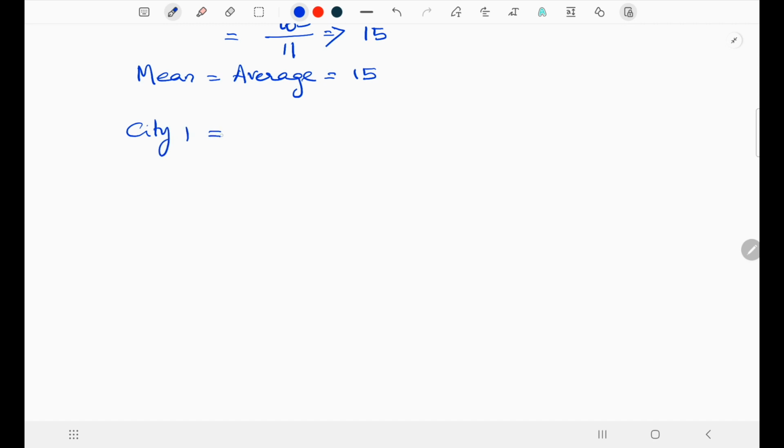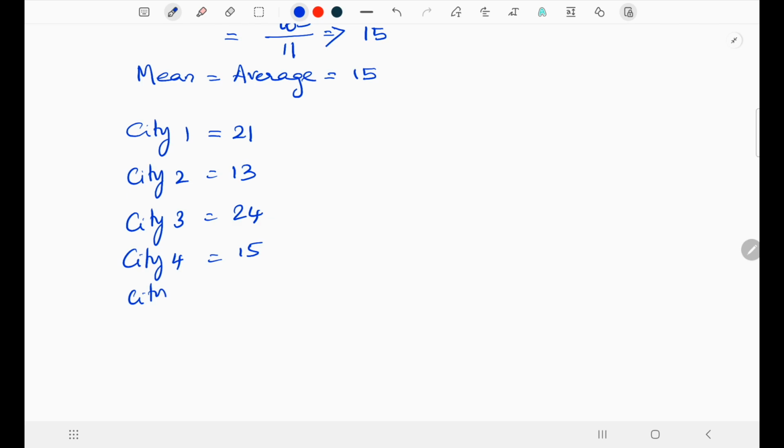Say city 1, the temperature is 21 degrees. City 2, 13 degrees. City 3, 24 degrees. City 4, 15 degrees. City 5, 20 degrees. We need to find the average temperature of the country or of these cities.